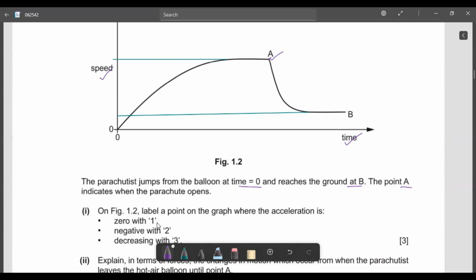So we need to label a point on the graph where acceleration is 0, we can write it as 1, negative acceleration as 2 and decreasing acceleration as 3. Zero acceleration means the parachutist reaches terminal velocity, where the force of air resistance and gravity are balanced, resulting in no further acceleration.